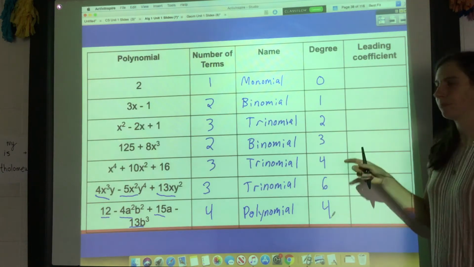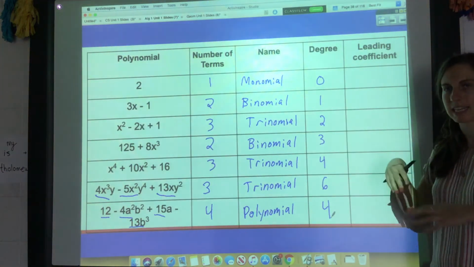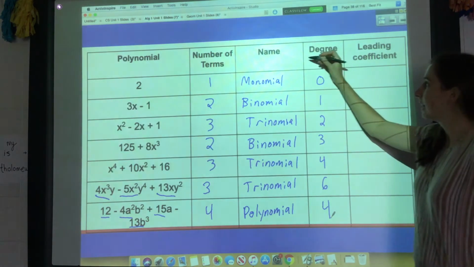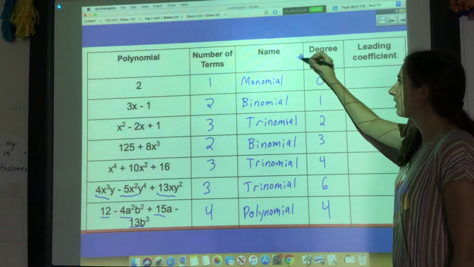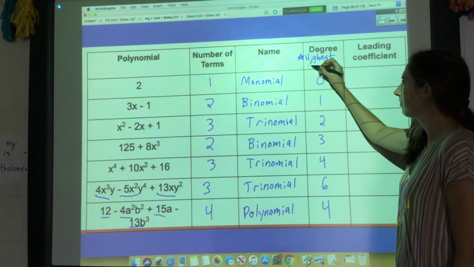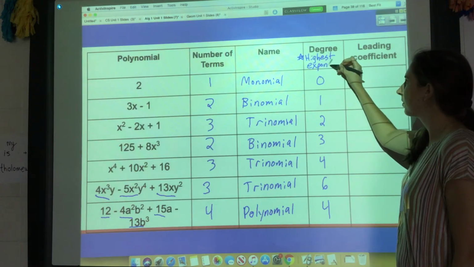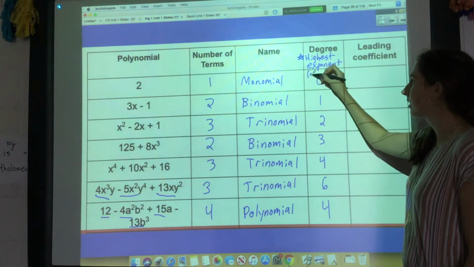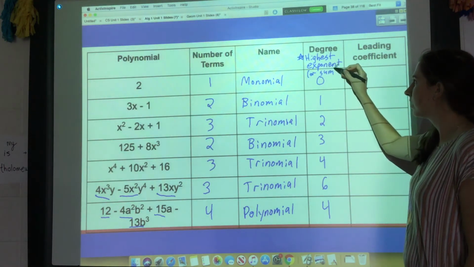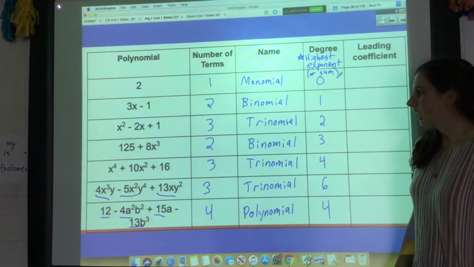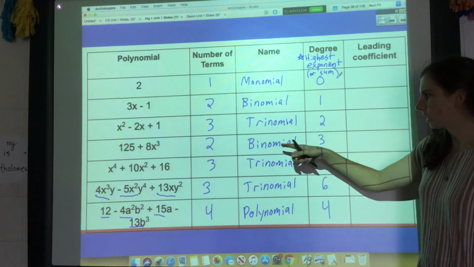All right, so hopefully you've paused, you've taken a guess. The degree is the highest exponent, or sum of exponents. For example, let's start with this one.